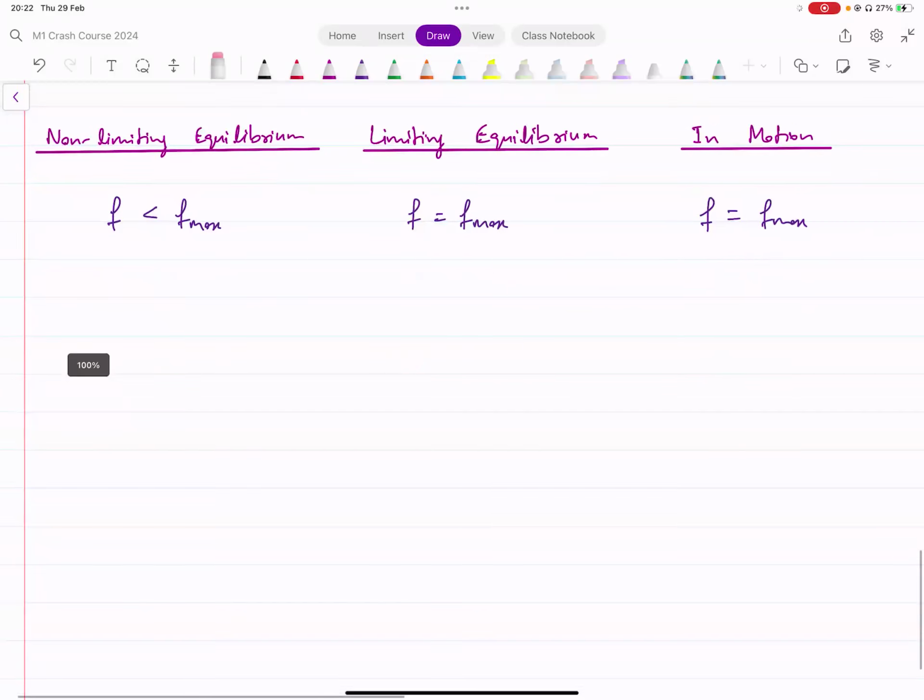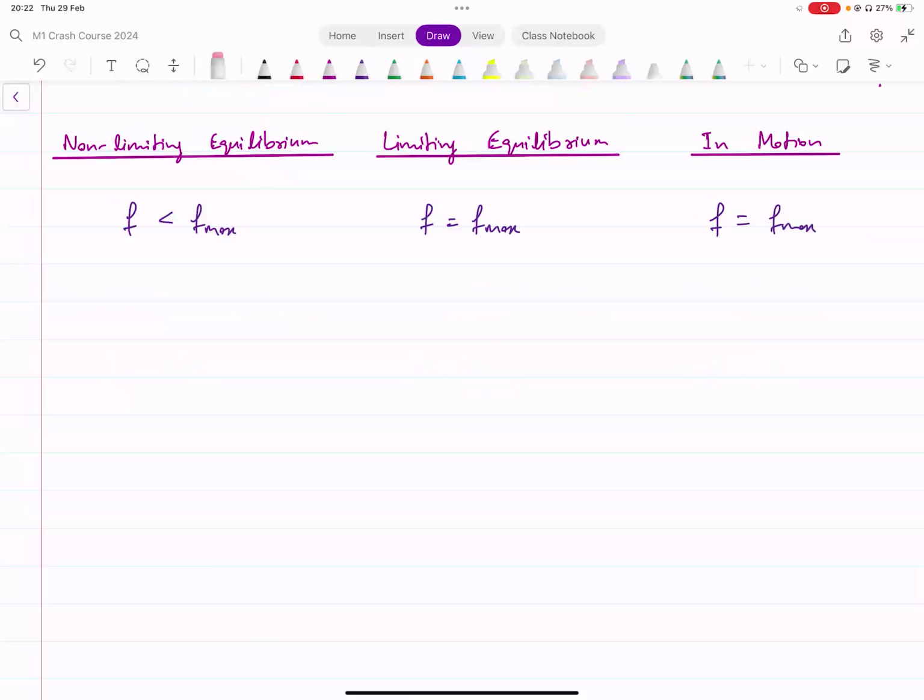Now, what is F max? F max is mu into R. So in the first case, we can say friction is less than mu R. In the second case, we can say friction is equal to mu R. And in the third case, again, friction is equal to mu R. So when the object is in limiting equilibrium and when the object is in motion, in both of these cases, F equals mu R. Friction is at its maximum value.